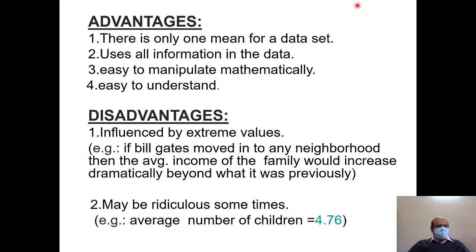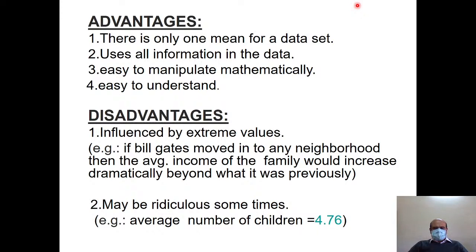Now, on the disadvantageous side, it is influenced by extreme values which are outliers. Like, for example, if Bill Gates moves into any neighborhood, then the average income of the family would increase dramatically beyond what it was previously. Right?